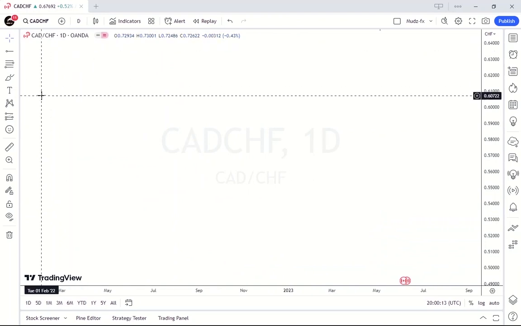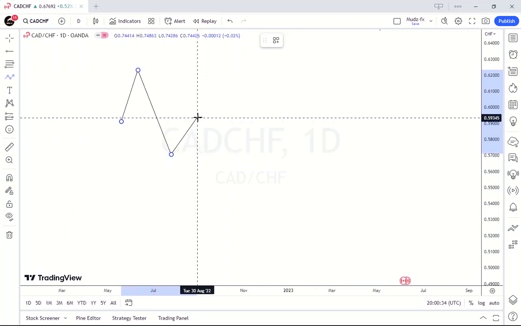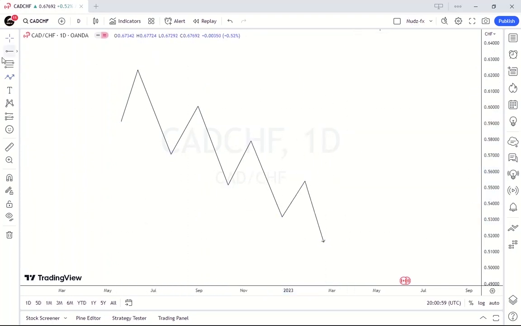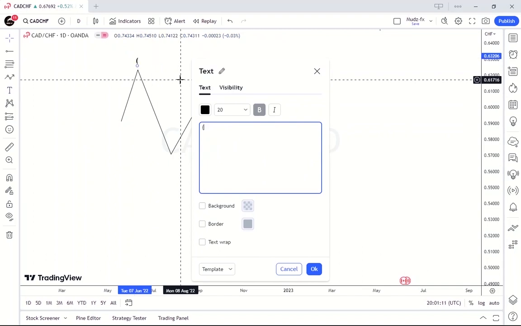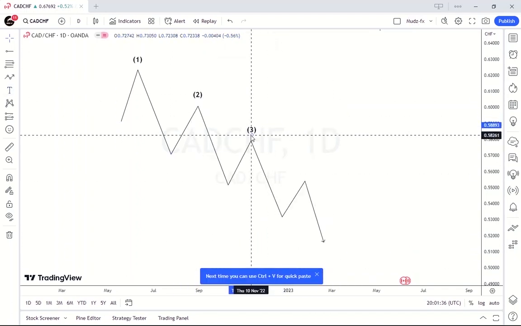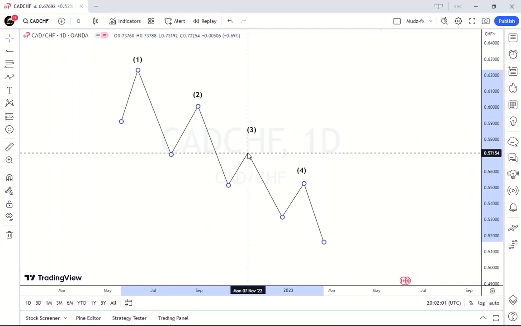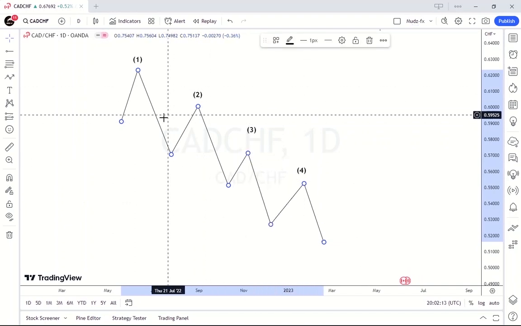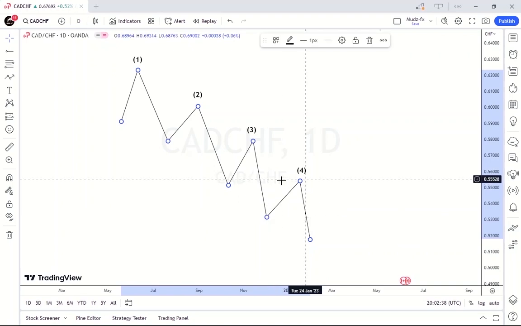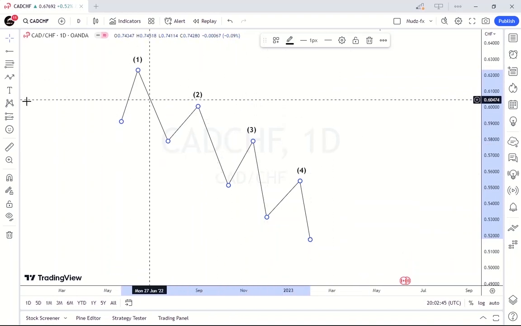Okay, so now I'm just going to draw my downtrend. Not that proper, but you can see that it's a downtrend, right?